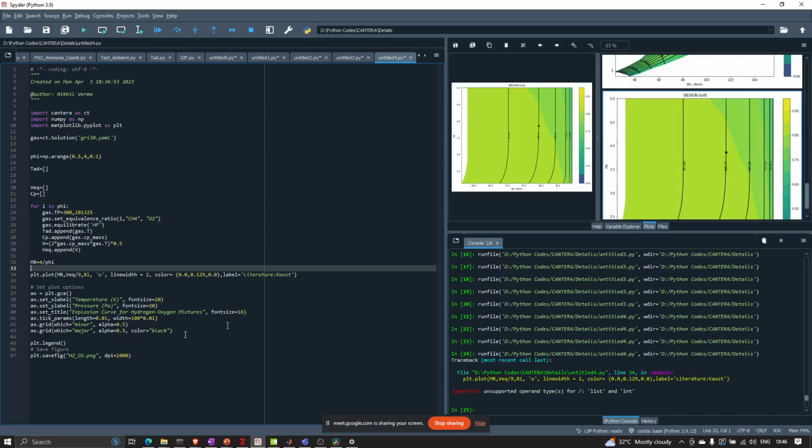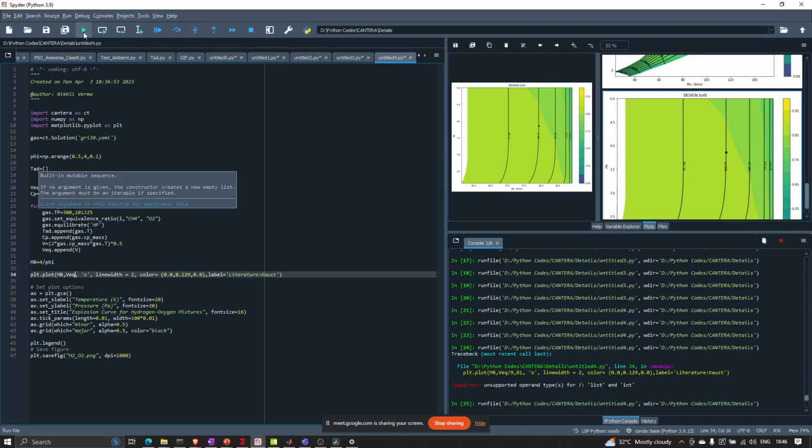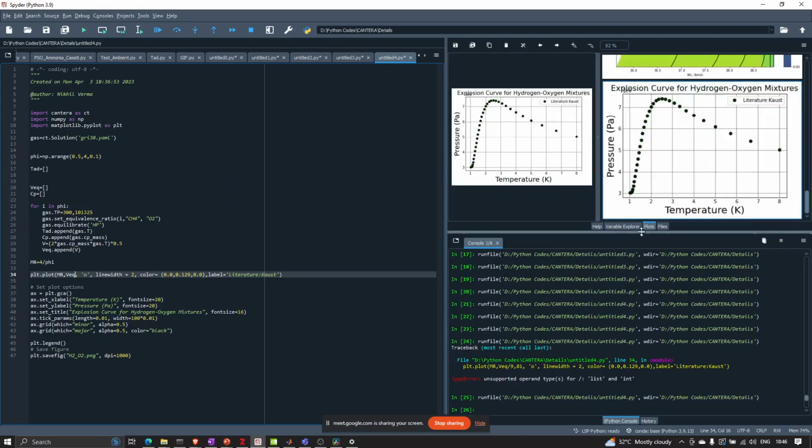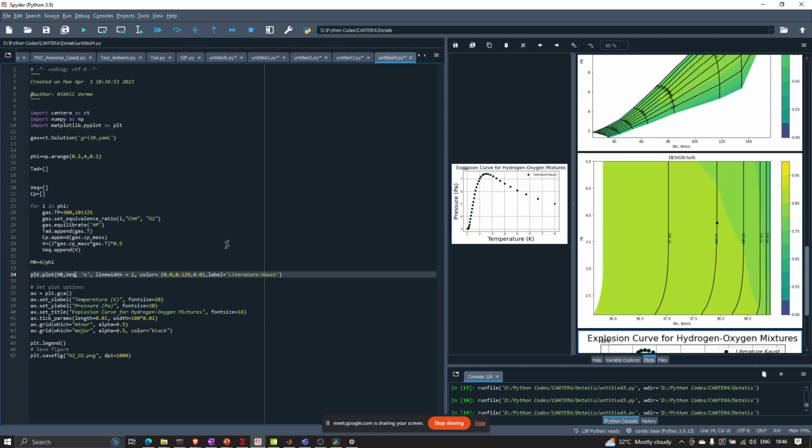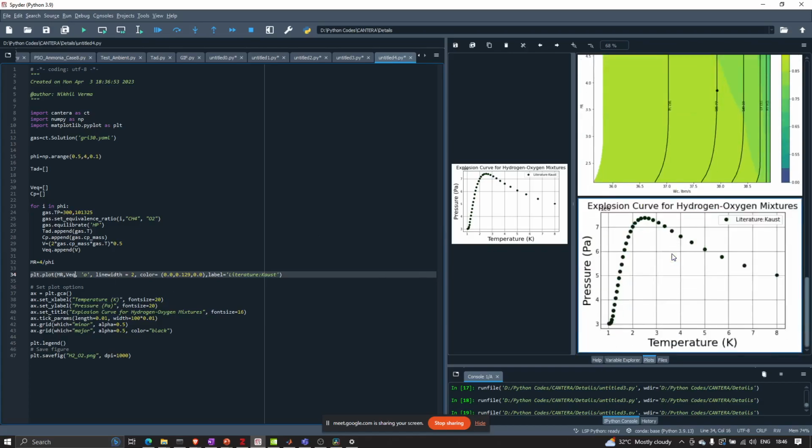Okay, the supported type, okay. Let us plot this value itself. From where is it plotting these?